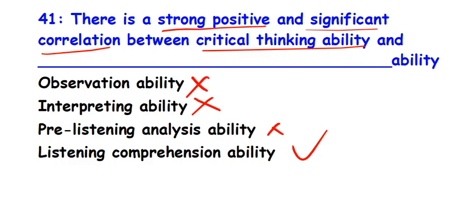To really comprehend what someone is talking about, listening comprehension and deep analysis are very important. So there is a strong positive significant correlation between critical thinking ability and listening comprehension ability. These are very important as far as communication and understanding is concerned.